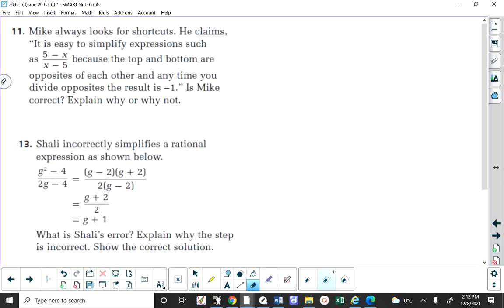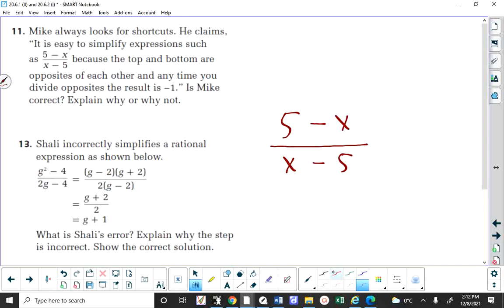So if I have 5 minus x over x minus 5, how do I make these identical? Well, one of the ways is I can factor a negative 1 out of what I will call the awkward binomial. We don't normally see binomials written this way, do we? It's usually x and then a number. So if I factor a negative 1 out of 5 minus x, the 5 becomes negative, the x becomes positive.